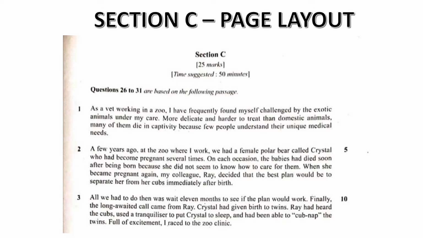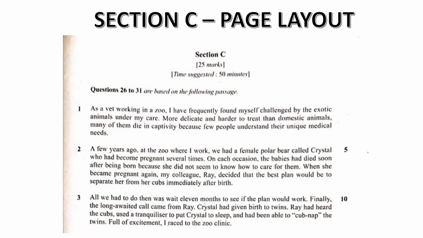For the reading comprehension text, you will notice that there are numbers on the left-hand side and the right-hand side. On the left-hand side, the numbers are 1, 2, 3, and so on, while the ones on the right are 5, 10, 15, and so on.